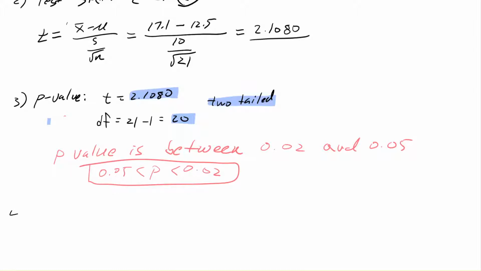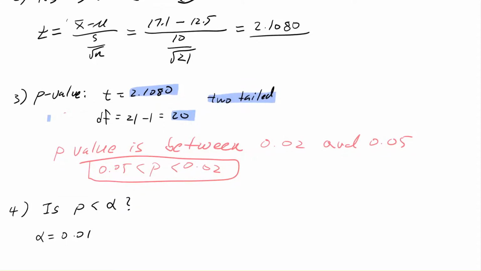Then step 4 is the conclusion. We're asking, is the p-value less than alpha? Alpha in this problem was 0.01. We know our p-value is between these two numbers. Oops, hold on, I messed up the numbers here.